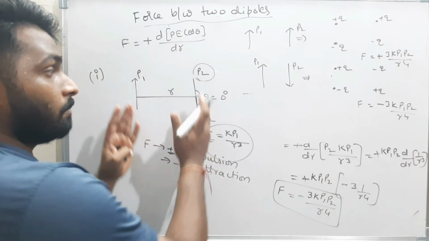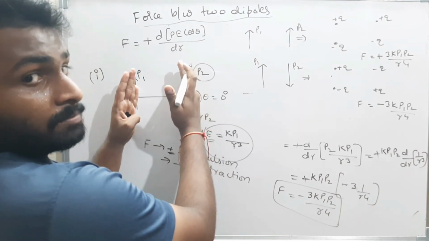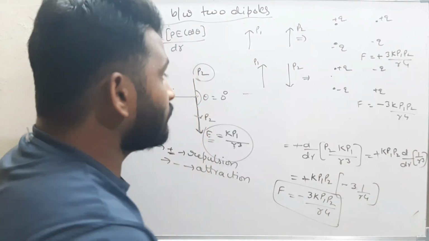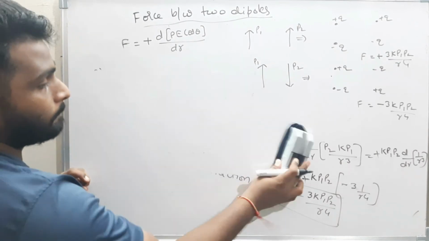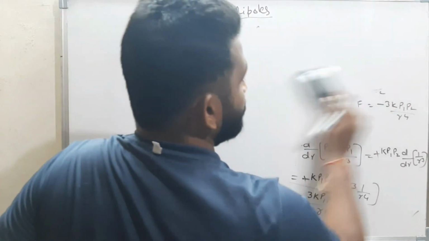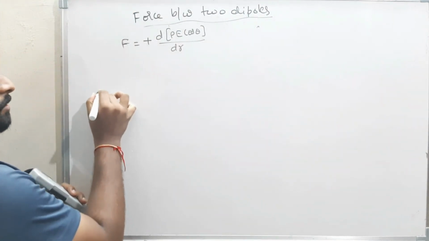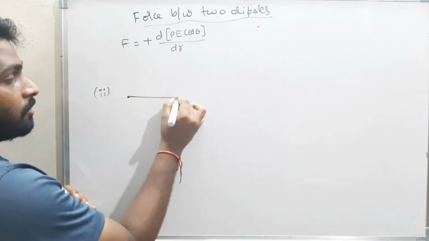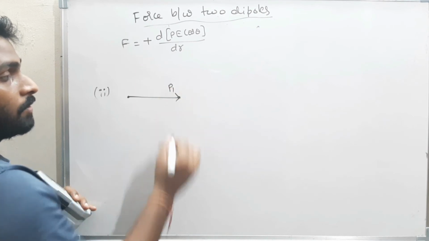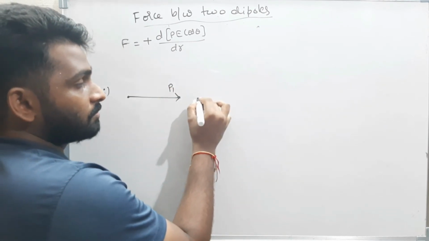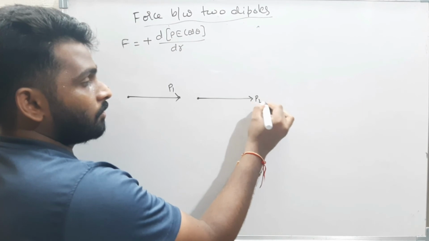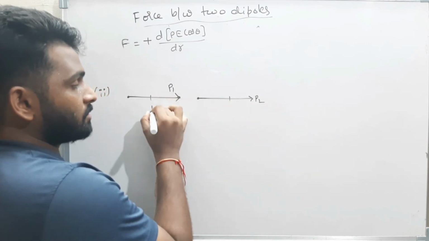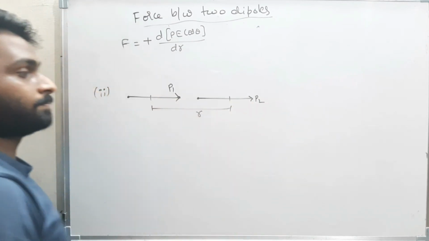When two dipoles are parallel to each other. Okay, now if the dipole arrangement is like this, if the dipole direction is in this direction, this is one dipole P1 and one more dipole like this, P2, and the distance between the centers is r.